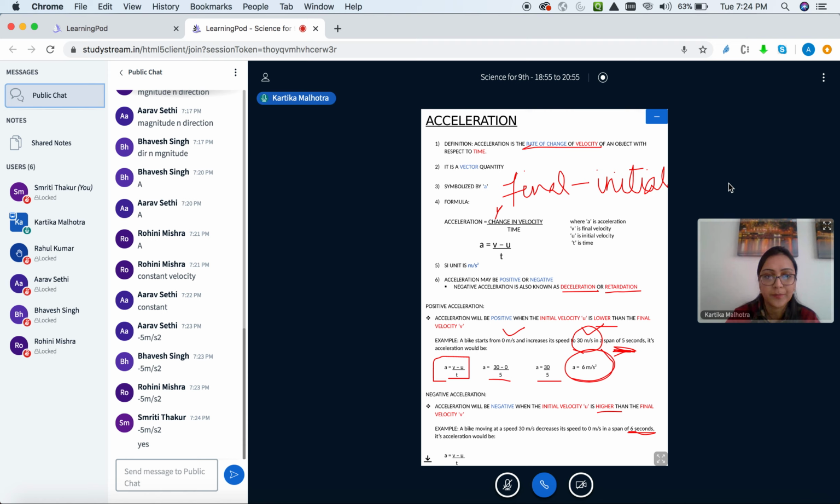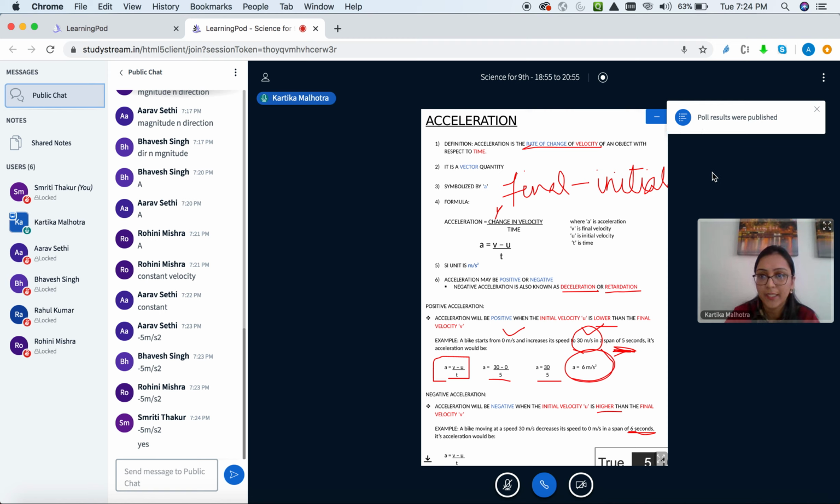True or false? I have everyone's response now. I'm publishing the results. Let's see what everyone is saying. Perfect. I have 5 trues, a 100% response rate as true.